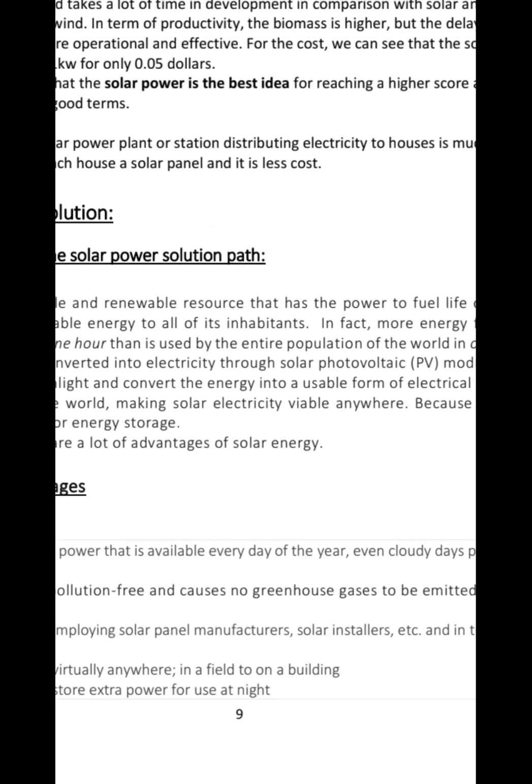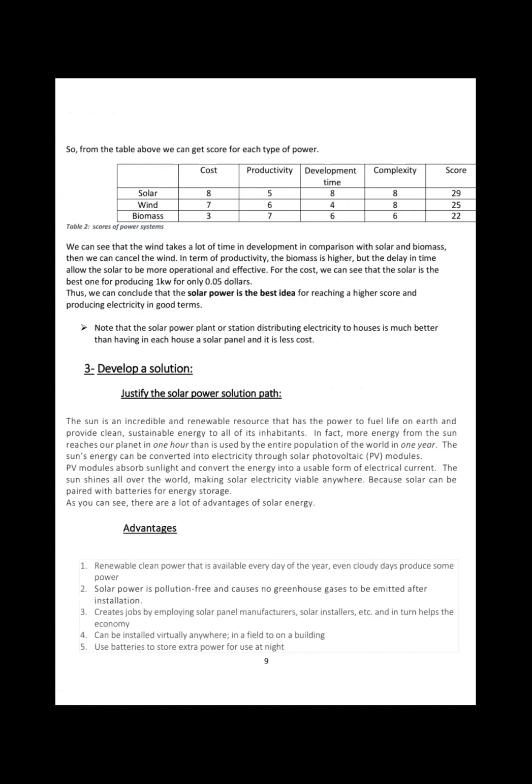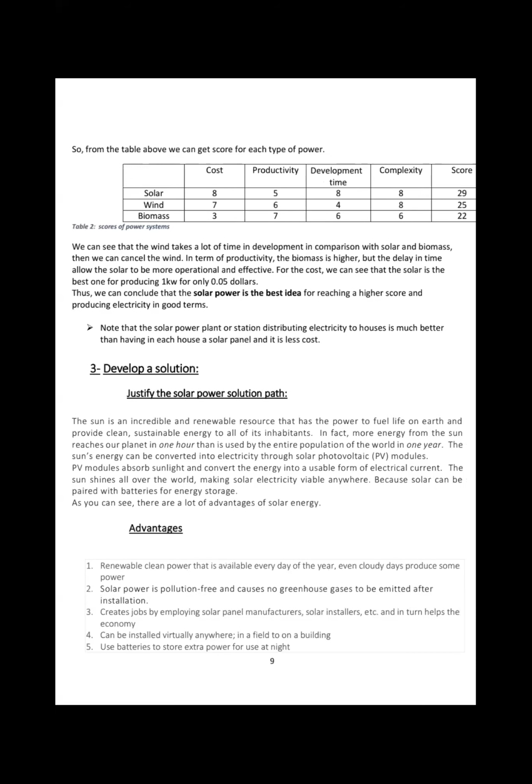Okay, we can see that the wind takes a lot of time in development in comparison with solar and biomass, in development time I mean, so we can cancel the wind. In terms of productivity, the biomass is higher, but the delay in time allows the solar to be more operational and effective.